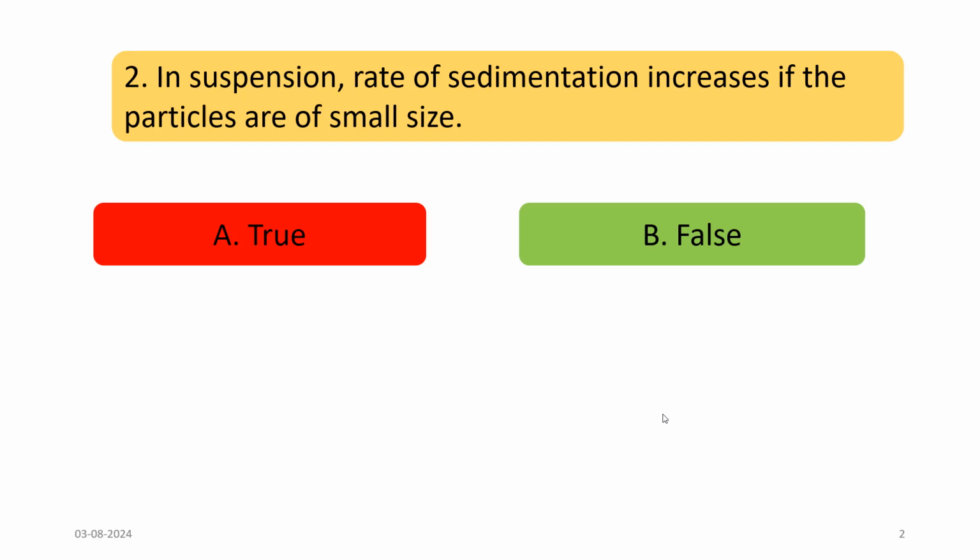Bigger particles are suspended, but fine particles cannot be suspended easily. So here, in suspension, rate of sedimentation increases if the particles are of bigger size. So that is why it is false.